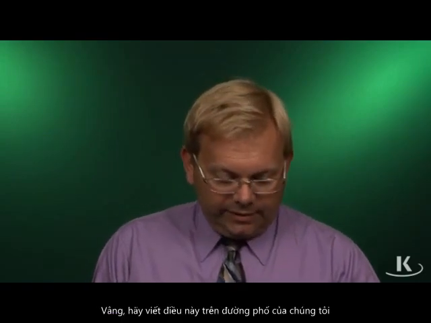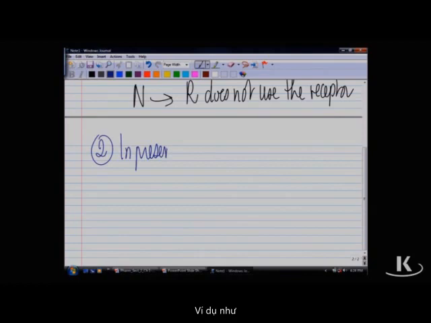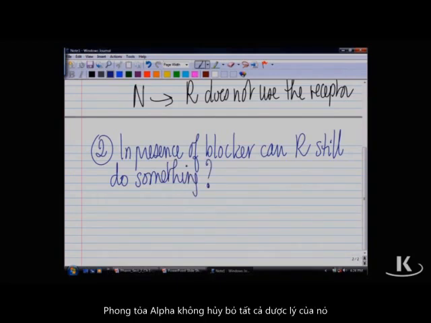Well, let's write this on our sheet then. Ask yourself your second question, which is, in presence of a blocker, for example like phenoxybenzamine, can the drug R still do something? And if it can still do something, then you know alpha blockade did not cancel all of its pharmacology.